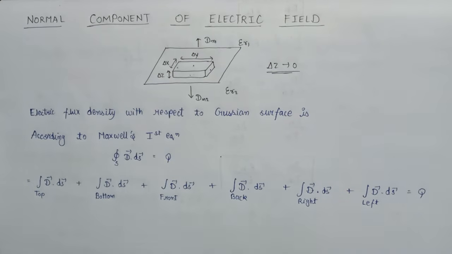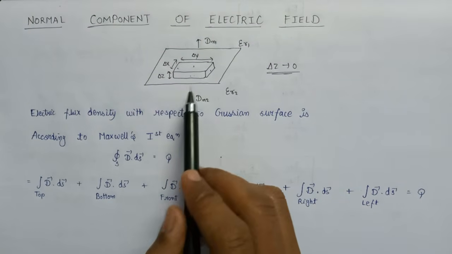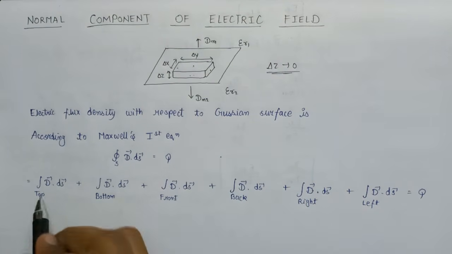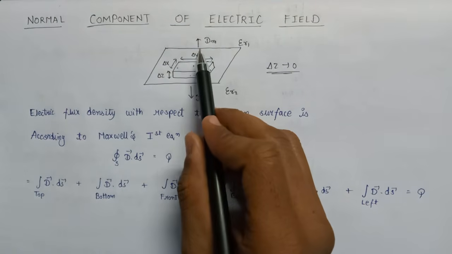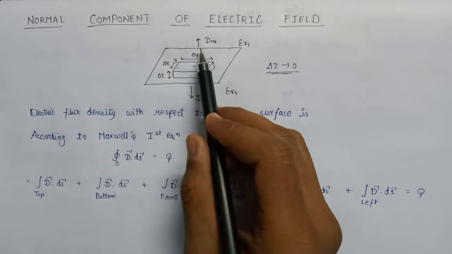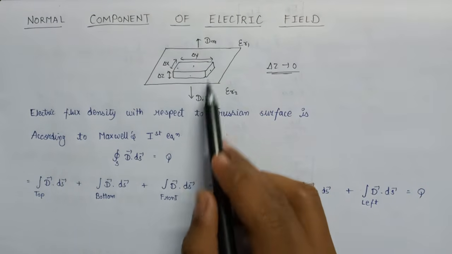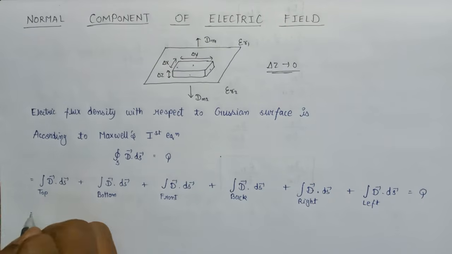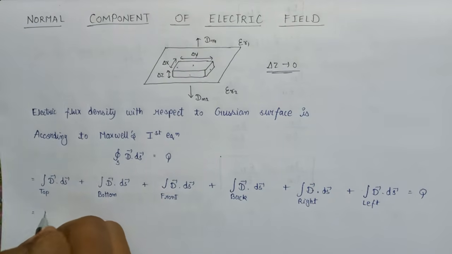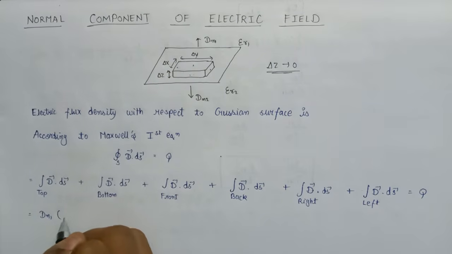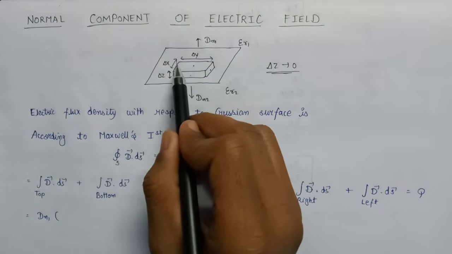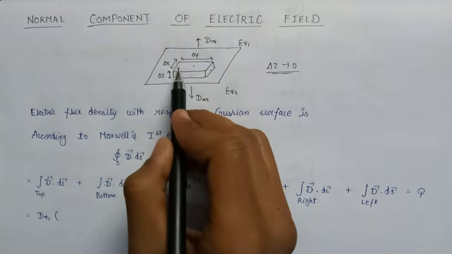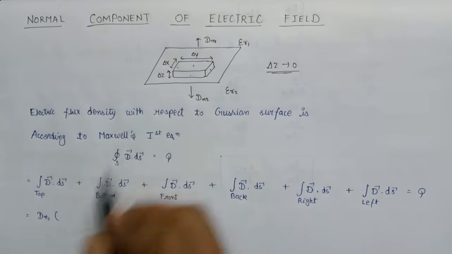Now with the help of this figure we can see that the direction of the electric flux density is in the top direction. So for the top surface the direction is also pointing upward, that's why it will be positive, and for the bottom surface we take it as a negative component. So for the top we take it as Dn1 into, for the top surface, the two parameters, that is length and breadth, that is multiplication of del x and del y.